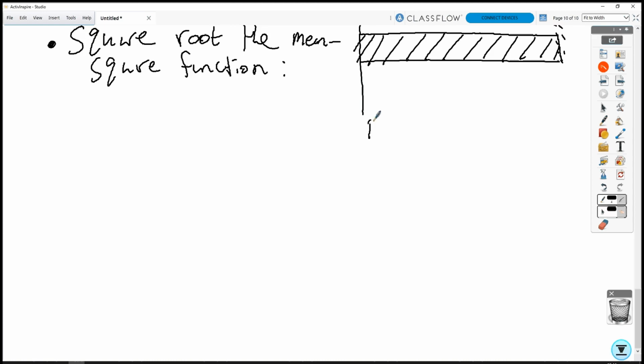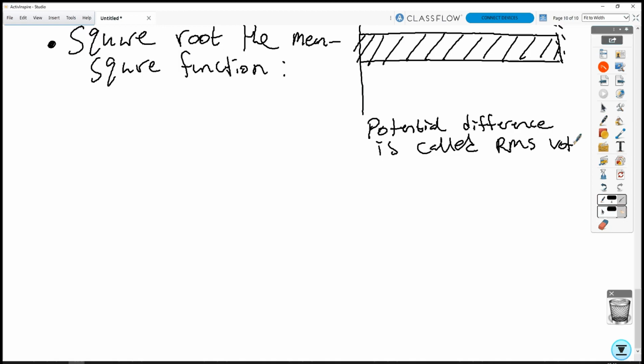So in this one, the potential difference is called RMS voltage and is less than V0.